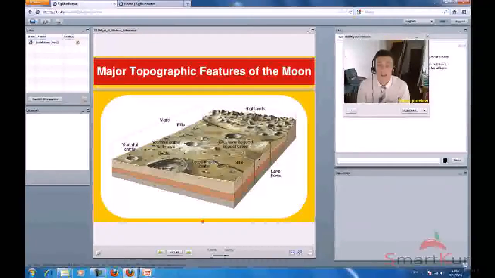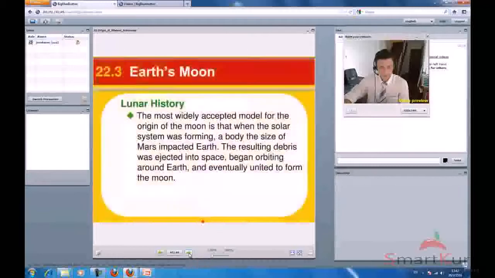In Japanese culture, they say that it looks like two rabbits working to pound mochi, with the Sea of Rains being a rabbit on the left and the Sea of Tranquility being a rabbit on the right. That's the bedtime story that they tell kids in Japan.